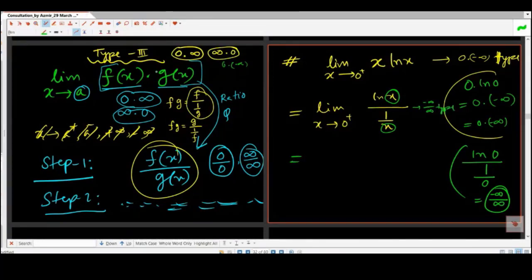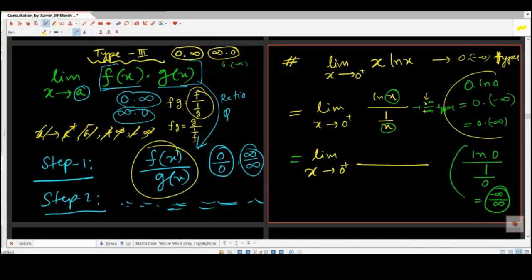So we can differentiate. Limit x tends to 0 plus. Now we can apply L'Hopital's rule because we have found infinity over infinity form. Yeah, we have negative infinity here, and in denominator we have positive infinity, but that is not the thing. We have infinity over infinity.